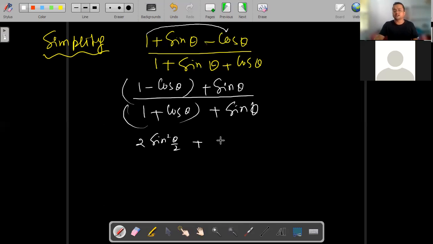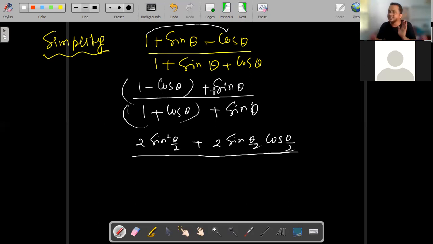Sine theta you can write as 2 sine theta by 2 cos theta by 2. Simply, I am just writing the formulas for 1 minus cos theta and sine theta.